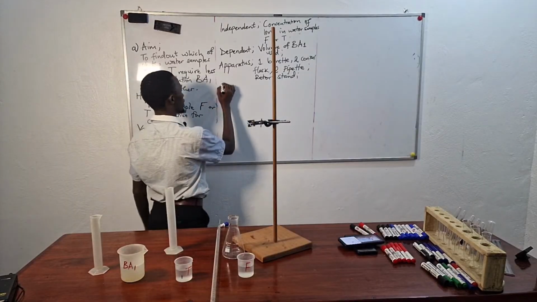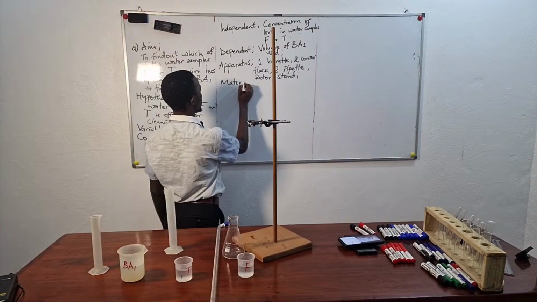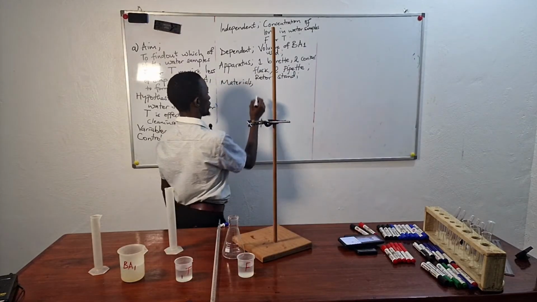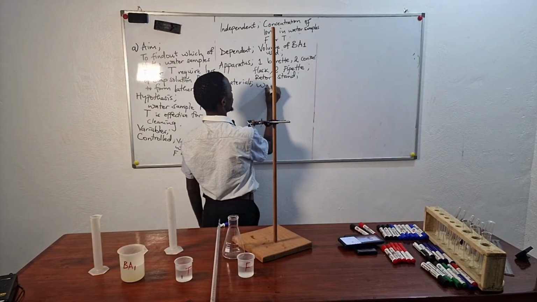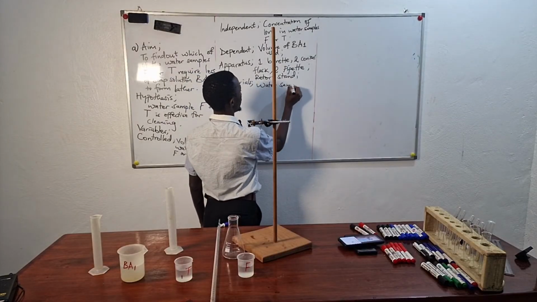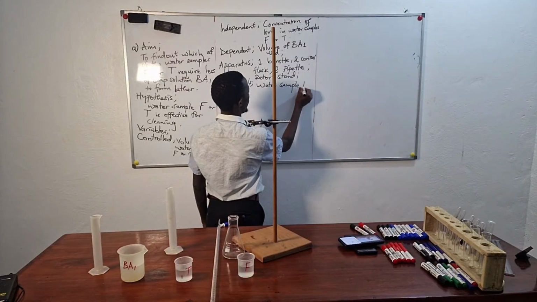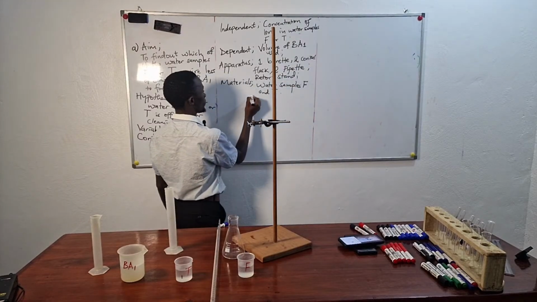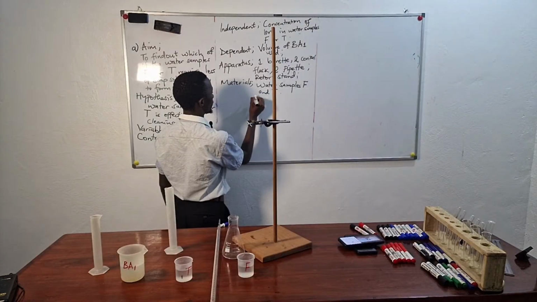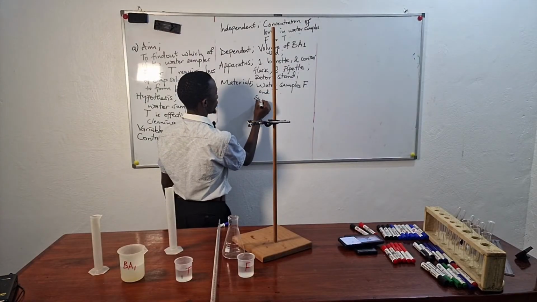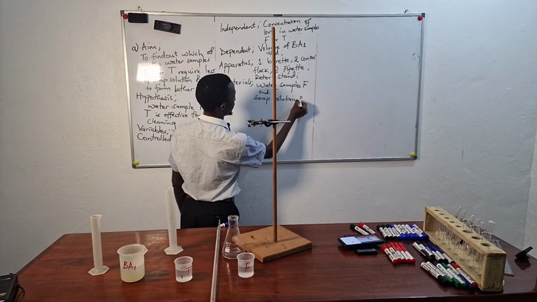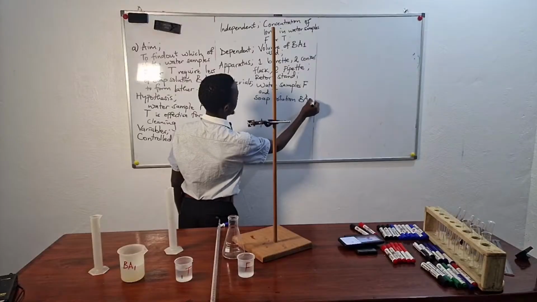So don't forget to put the materials, because the question is clearly telling us to separate them. So we have the materials as water sample F and T, and then soap solution BA1.